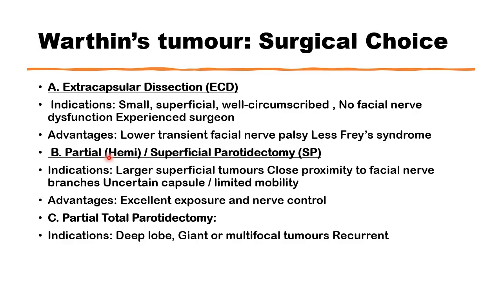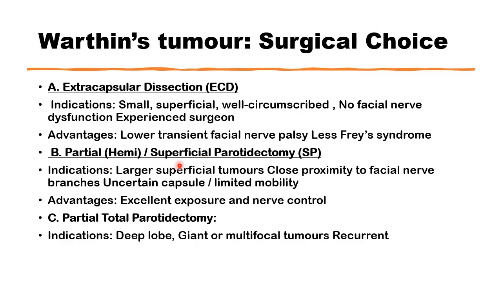The second operation, the superficial parotidectomy, need not be a complete superficial lobe resection. Resection of half of the superficial lobe, usually the inferior half, what is termed a hemi or partial superficial parotidectomy, is increasingly the preferred surgical option for the Warthin's tumor.